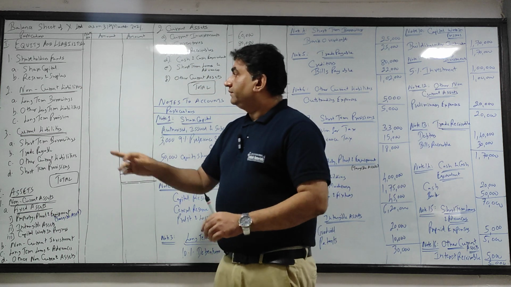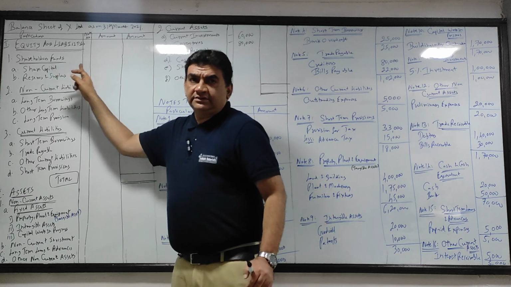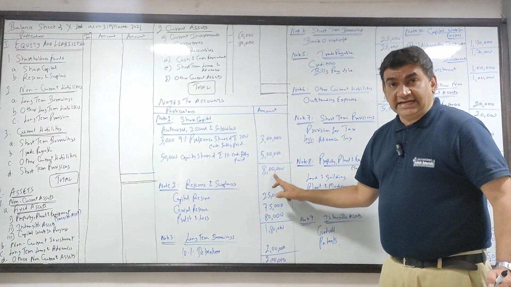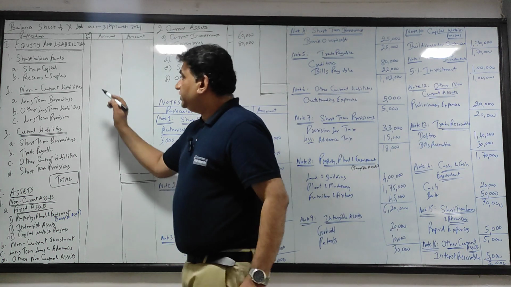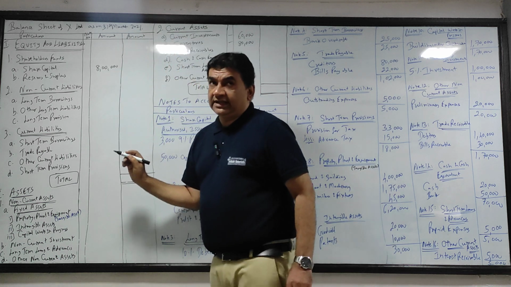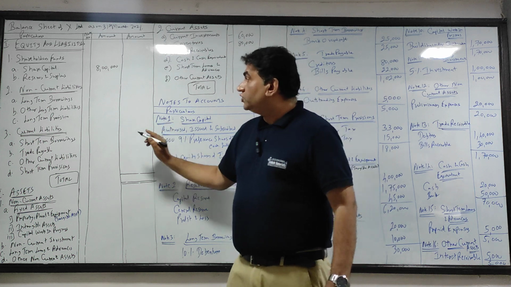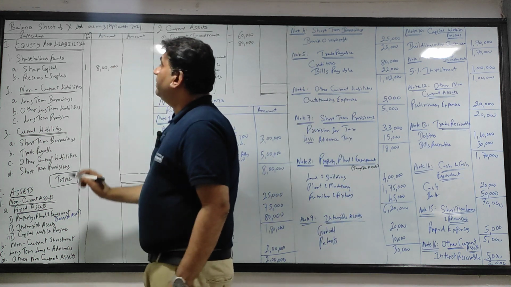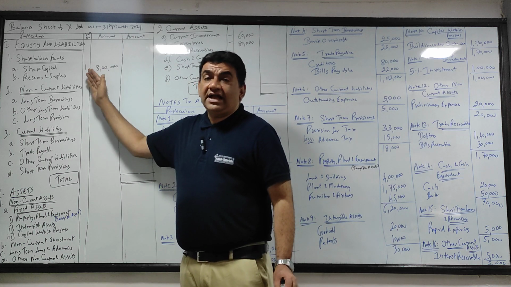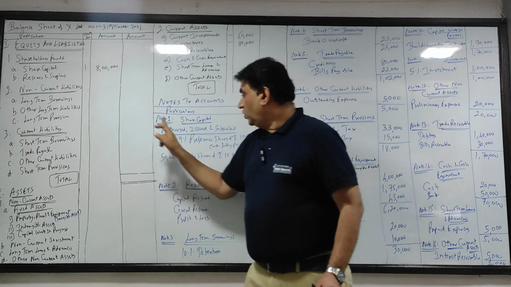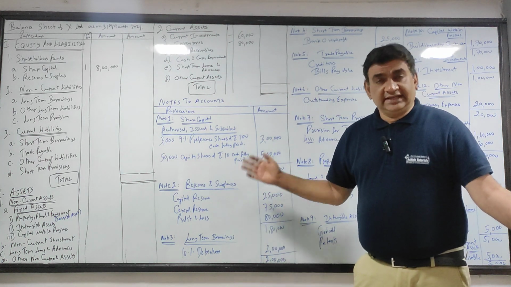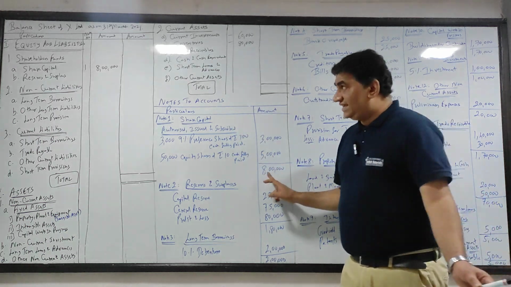Understand now. Where is share capital? Note 1, share capital. What is the total? 8 lakhs. So what you do? In the first column write 8 lakhs. Those who are just preparing one column, no problem in that. Now look, which is the note number? 1. So here what will you write? In the note number column write 1. You know why? Because whoever reads this has to see what the breakup of the 8 lakh is. The number is 1, so go to note number 1. This is my breakup of the 8 lakh, as good as working notes. Getting it? So the total of note number 1 is 8 lakh.